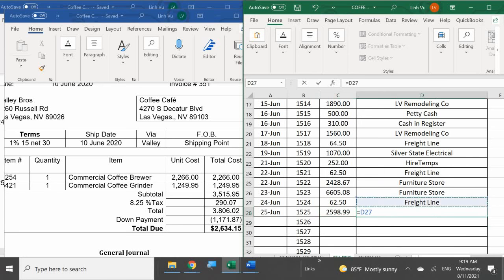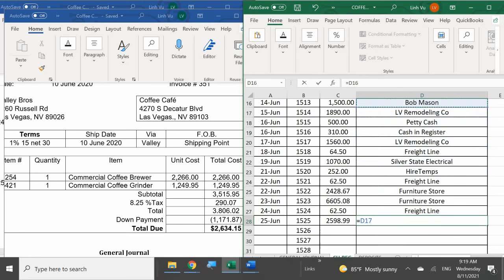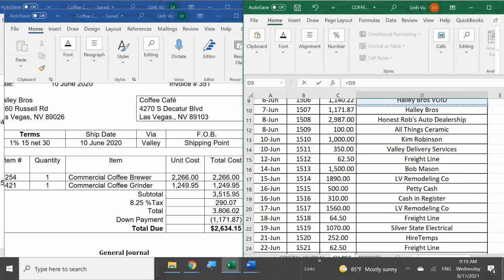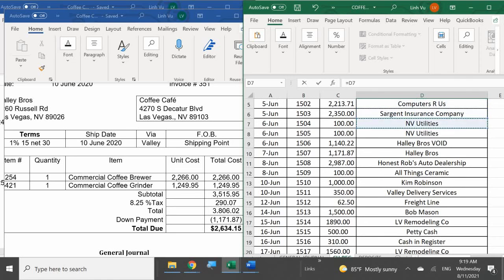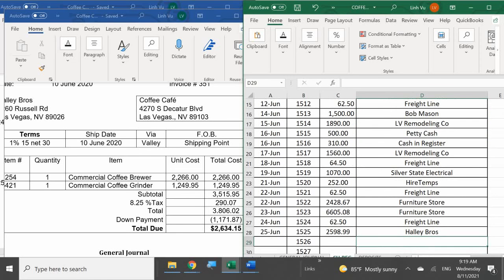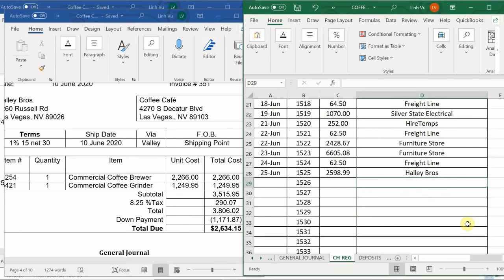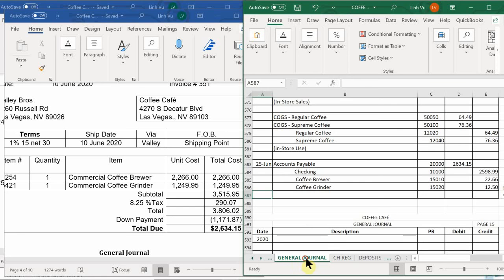And I'm going to write this out to Haley Bros. for $2,598.99. Right? So now that I have my check number, I cut the check, check 1525.